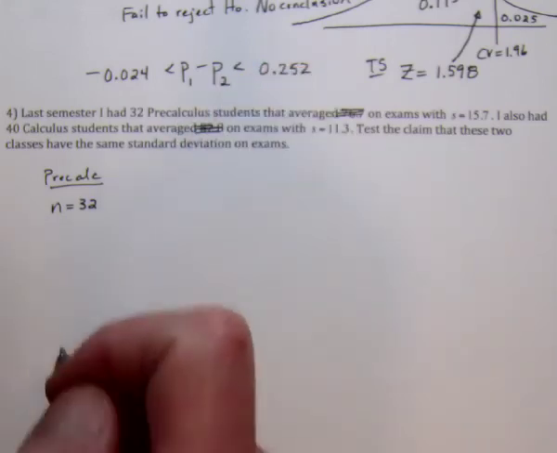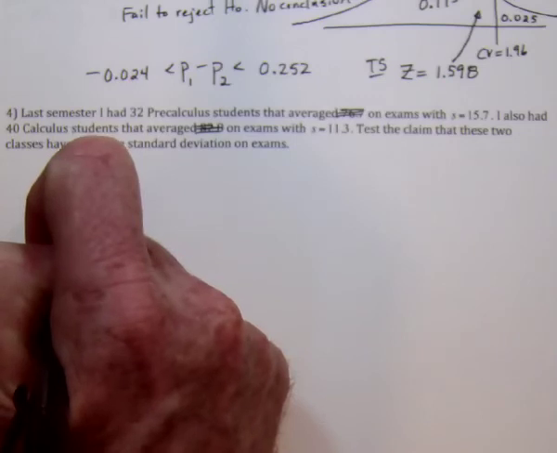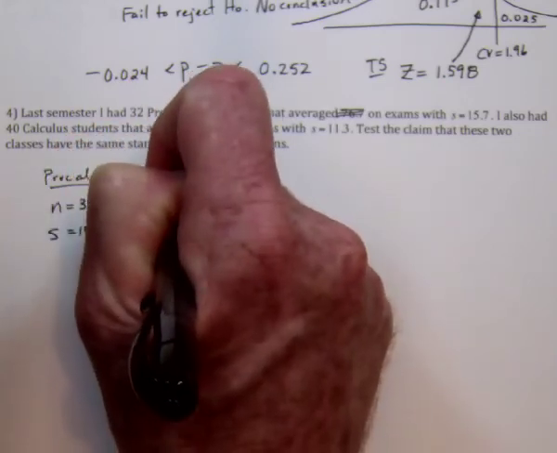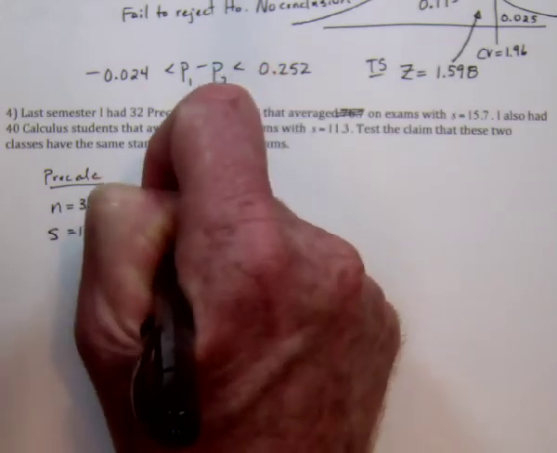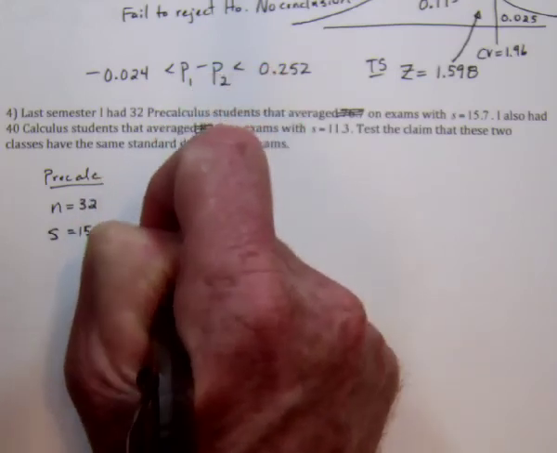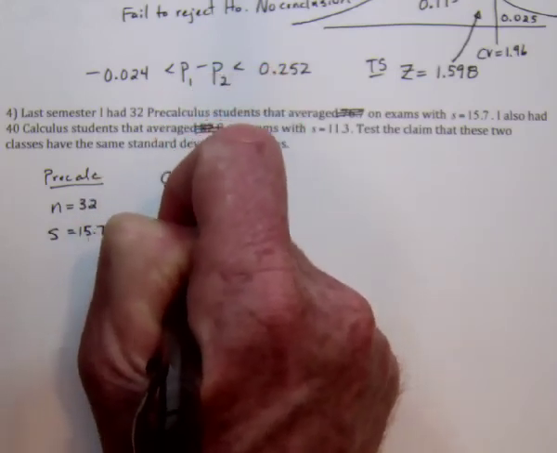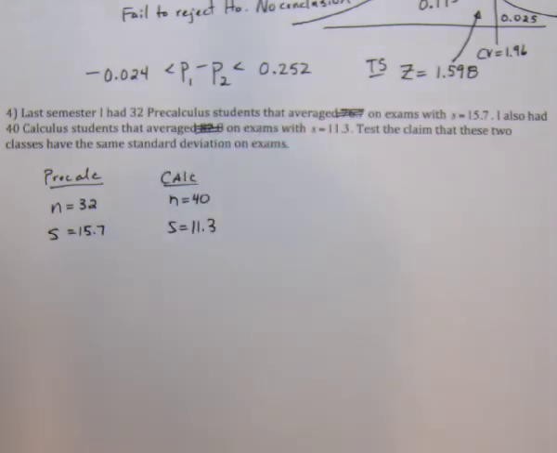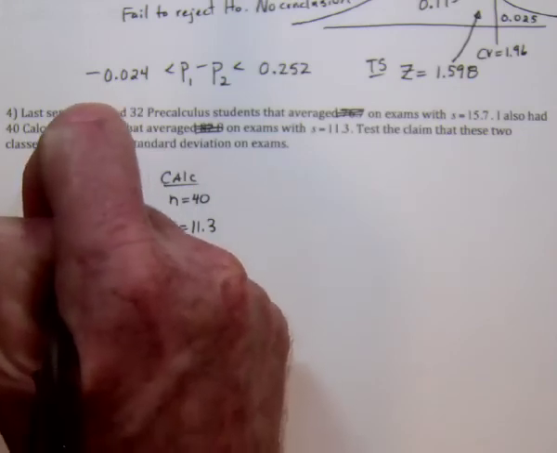All you need is the S. So S equals 15.7. Then for calculus, n equals 40 people, and S equals 11.3. And then, who's going to be group number 1? You're right, this time it's pre-calculus because they have the bigger standard deviation.